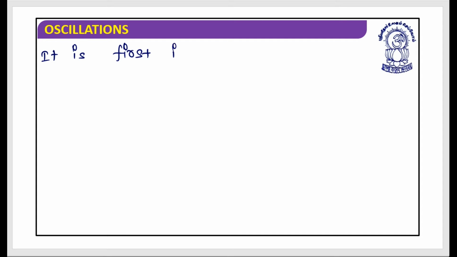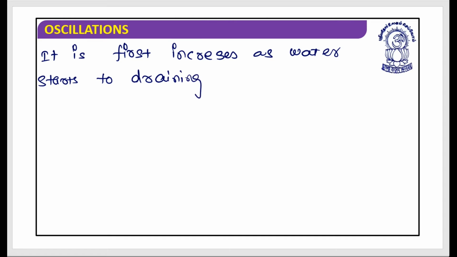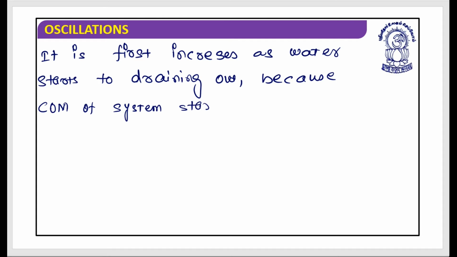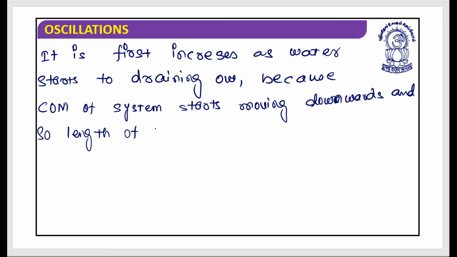So it first increases as water starts draining out, because the center of mass of the system starts moving downwards, and so the length of the pendulum increases.